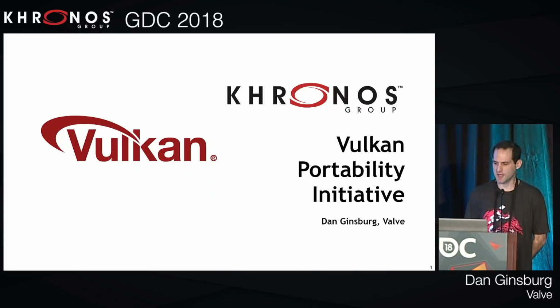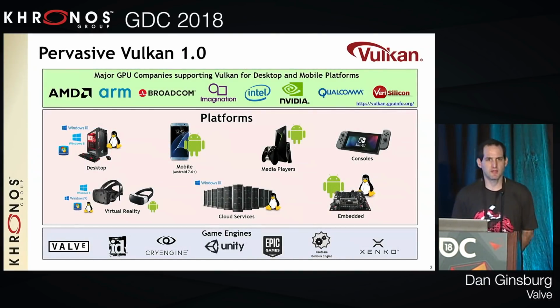I work for Valve, and I'm going to talk today about what we've been doing inside the Khronos Portability Initiative for Vulkan. So as Tom mentioned in his talk, Vulkan has achieved widespread pervasiveness. Nearly all of the major GPU companies have drivers. It's supported on a wide range of platforms: Windows 7, 8, 10, Linux, Android on mobile phones and media players. Just recently, the Nintendo Switch passed Vulkan 1.1 conformance.